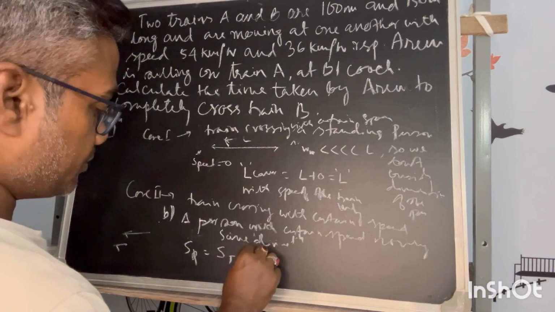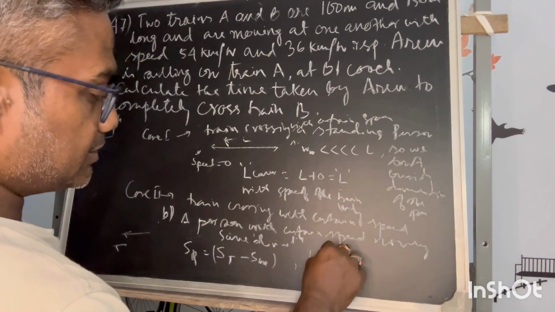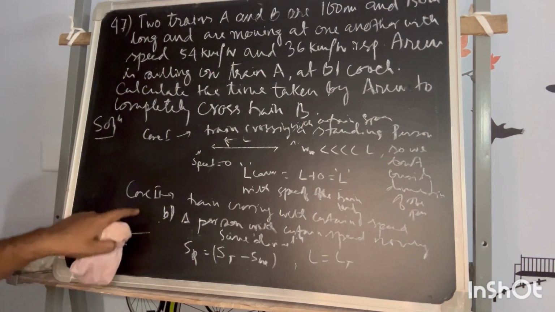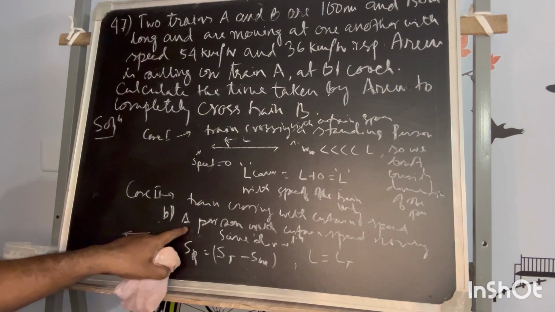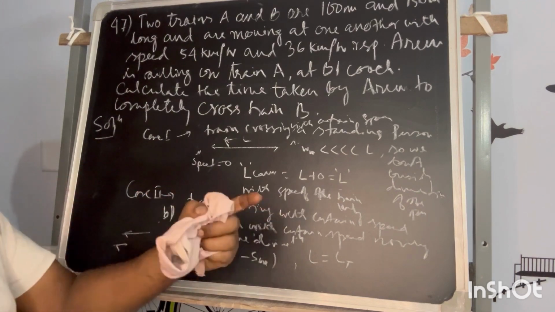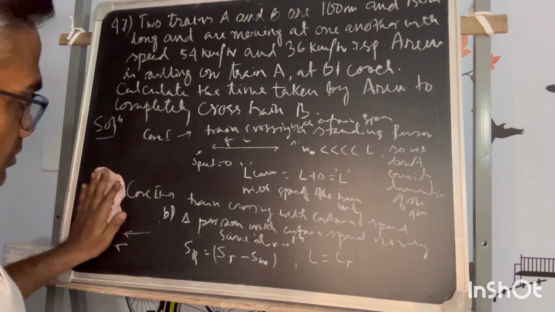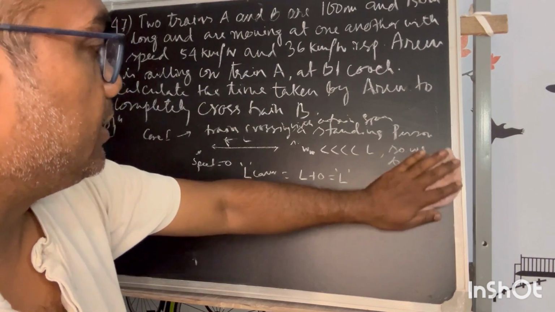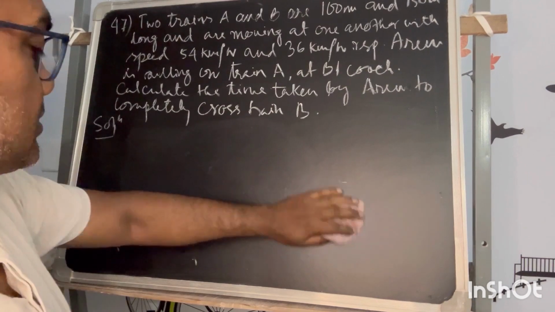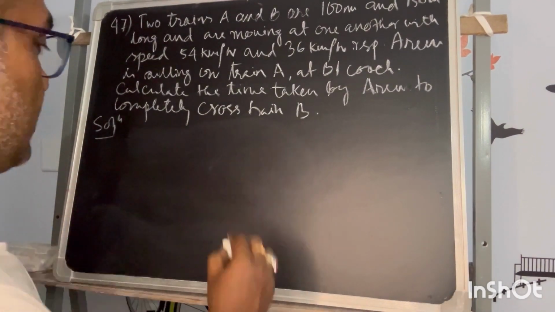The length is equal to the length of the train. So in case 2, there are two parts. One person is moving and he is moving either towards the train or away from the train. In the first case there is no such option. So this is the case where the person and train are the two participants.